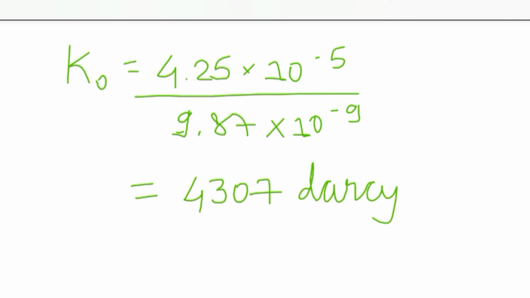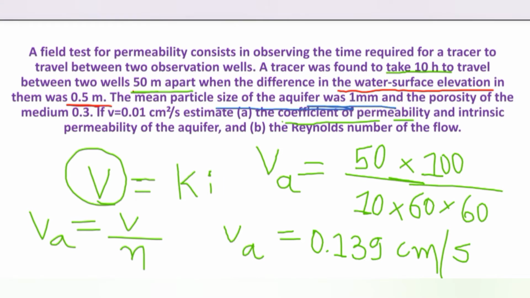Next, we have to find the Reynolds number. See here, the mean particle size of the aquifer is 1 mm. Reynolds number is equal to V dA upon nu.